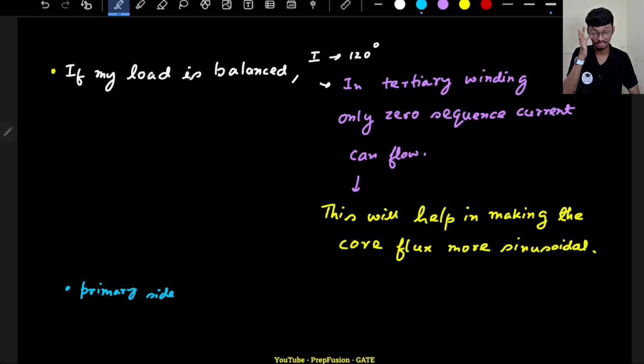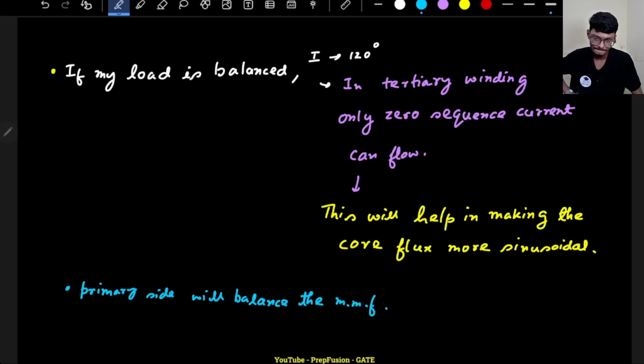MMF means the multiplication of current and the number of turns. The primary side will balance the MMF.